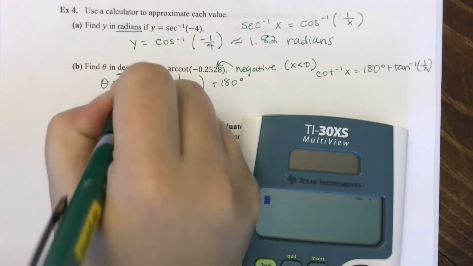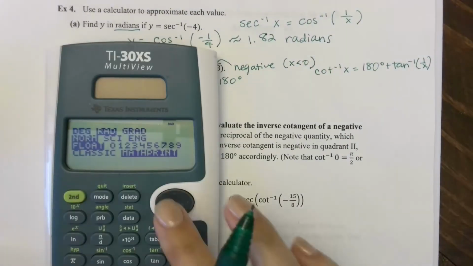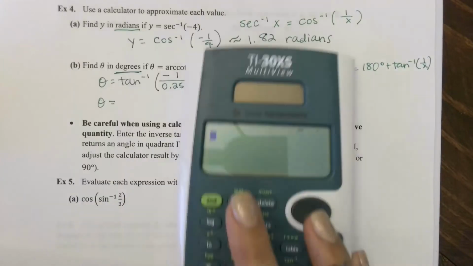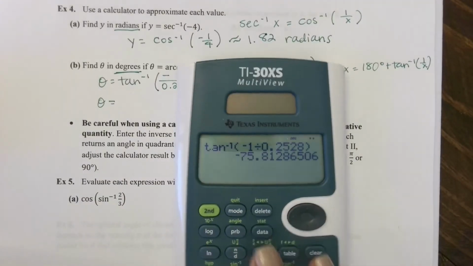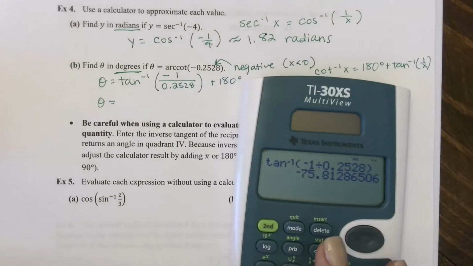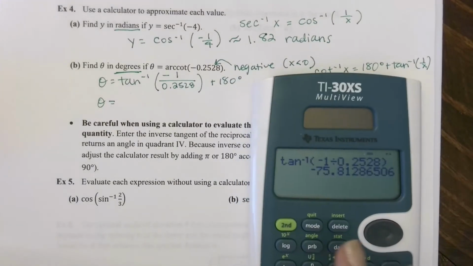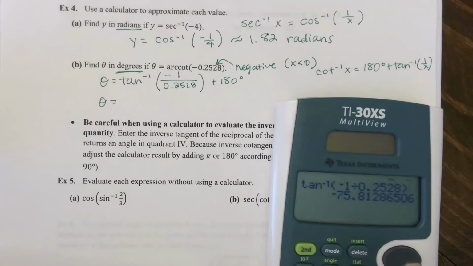Degrees. So I need to change my calculator back to degrees from radians. So I get negative 75.81. This is going to be in quadrant 4. Remember, when we go under the x-axis, it's going to be negative. This is in quadrant 4, where cotangent does not exist.